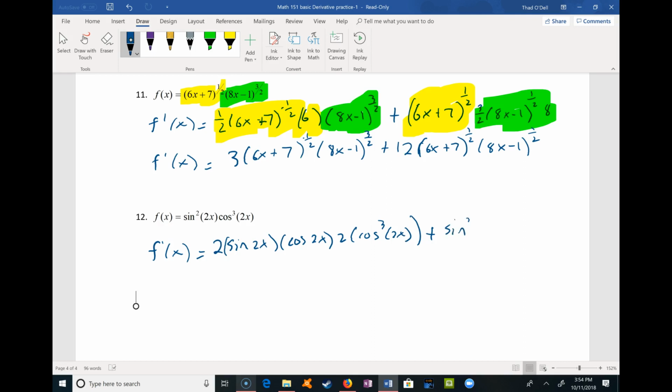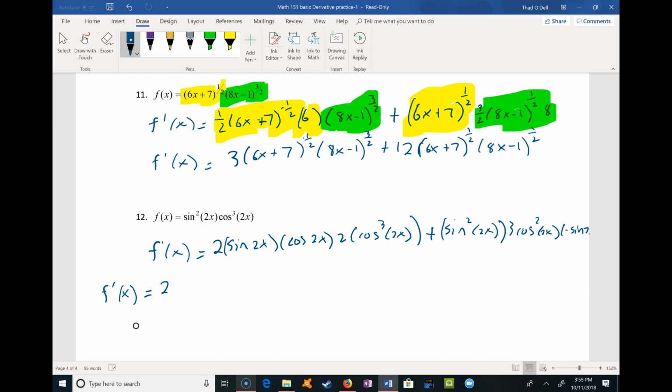sine squared of 2x times the derivative of this cosine cube. So that would be 3 times cosine squared 2x times negative sine 2x. Oops, I'm running out of room here. Shoot. Well, here, I'll come down here and rewrite this.